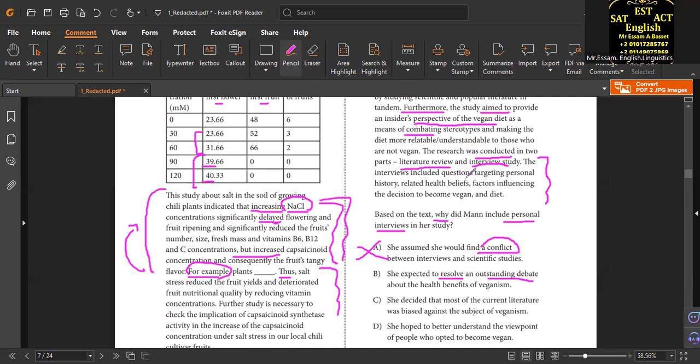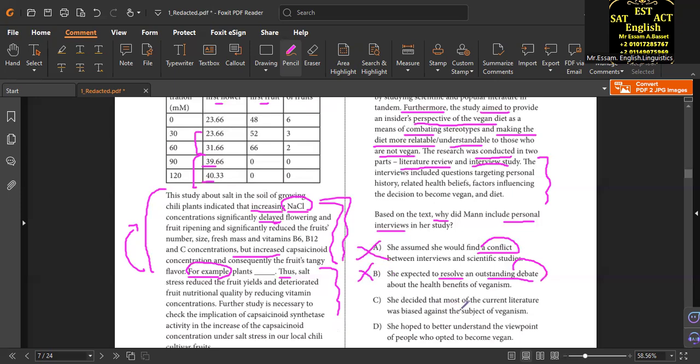It's not mentioned here, but she wants them to understand more. If you did, as she mentioned, making the diet more relatable, understandable to those who are not vegan. Yes or no? But it's not the Yes. So B is wrong.